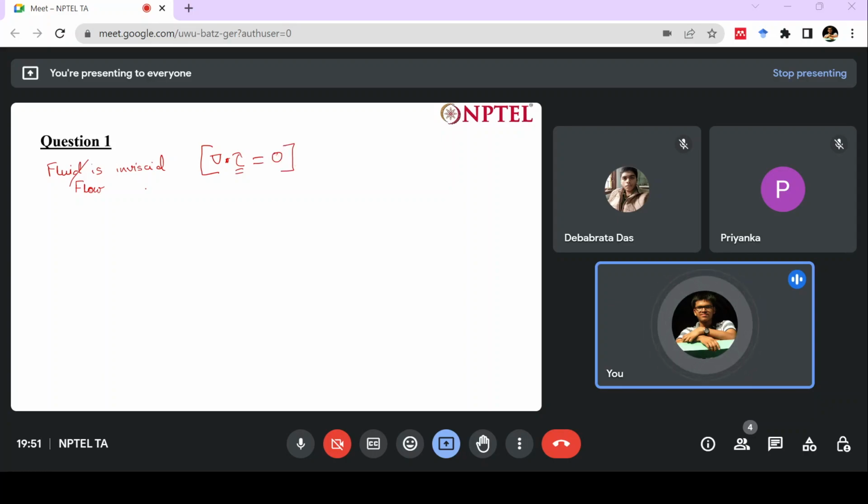So if this is 0, my equation of motion simplifies. My equation of motion becomes dv dt. The pressure term will be there, but the deviatoric stress term is not there.